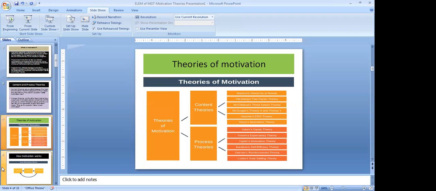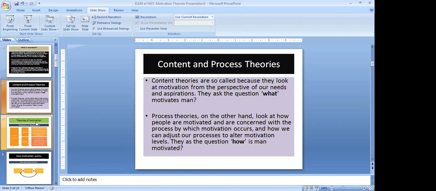If you look on the screen there, you can see the content theories simply describe motivation from the standpoint of our needs and aspirations. In other words, they ask the question, what actually motivates man?